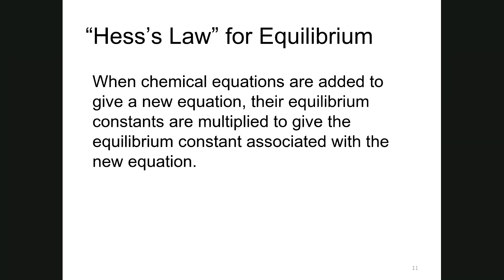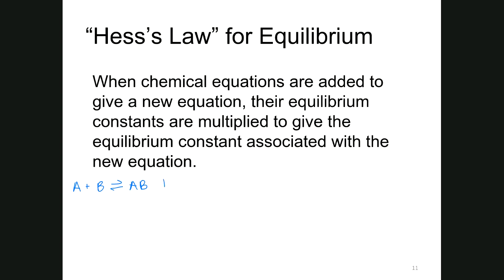So if we have multiple smaller equations that come together to form an overall equation, how can we find the value of K of the overall equation? So let's say, for instance, we have 2 reactions, 2 steps. So we have A plus B makes AB.